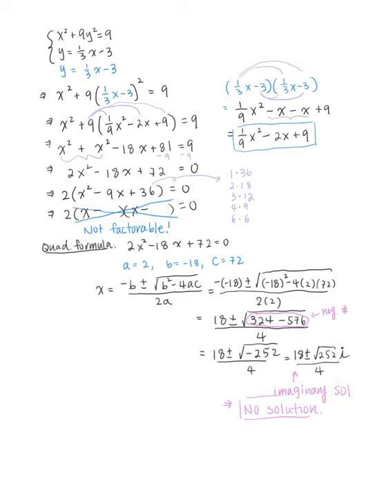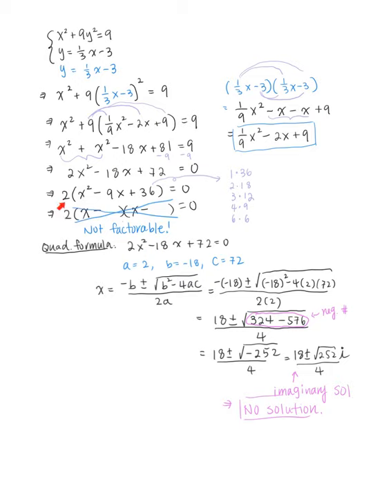Okay, so hopefully you caught that one. First, what we did was we tried to solve the system by substitution. So we plugged y equals 1/3 x minus 3 in here, and we foiled it, distributed it, and simplified it. So this is our simplified version of it. And then I tried to factor.